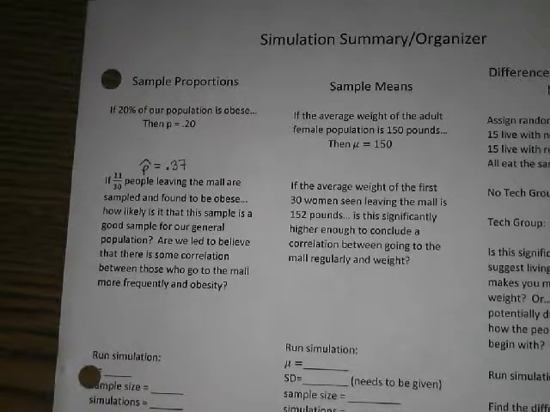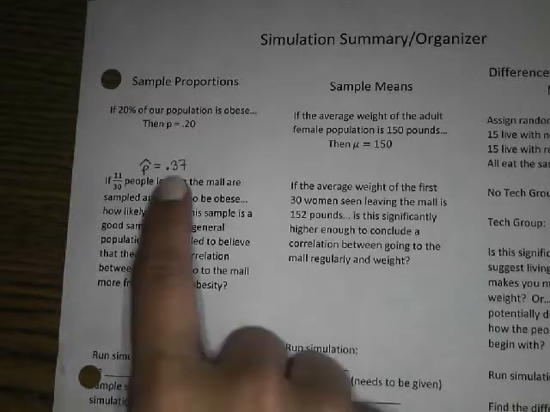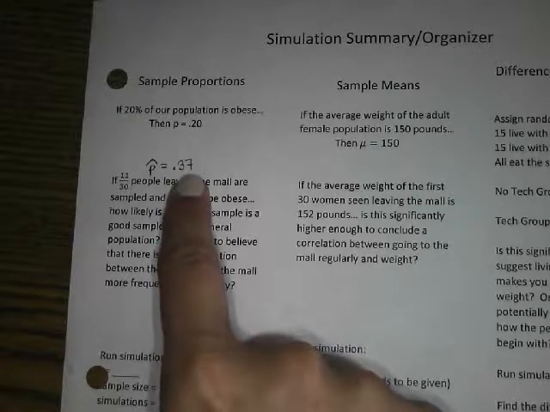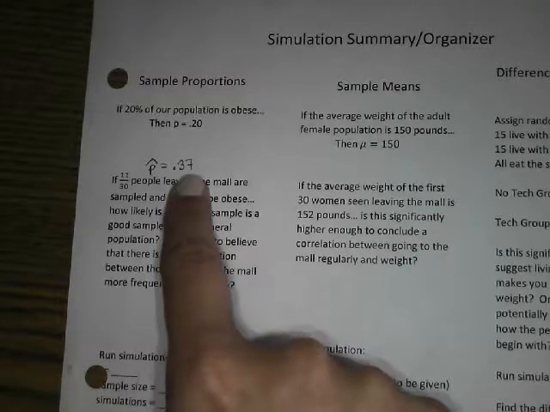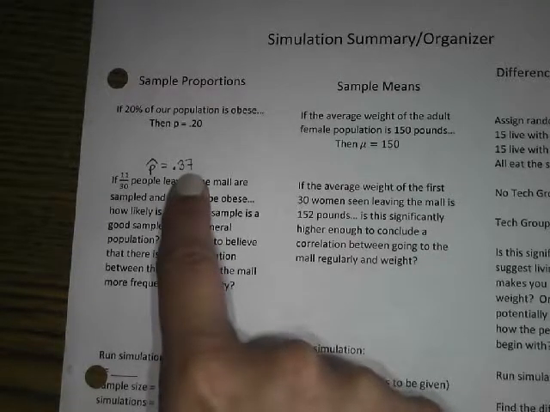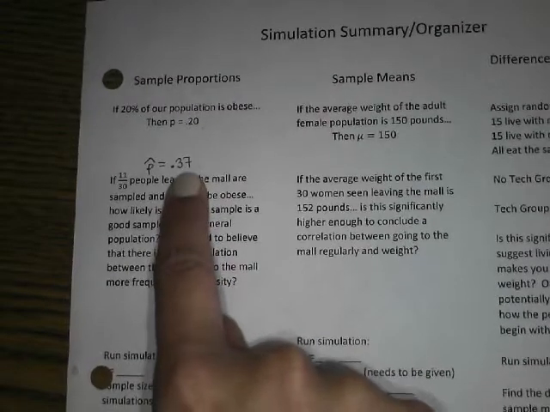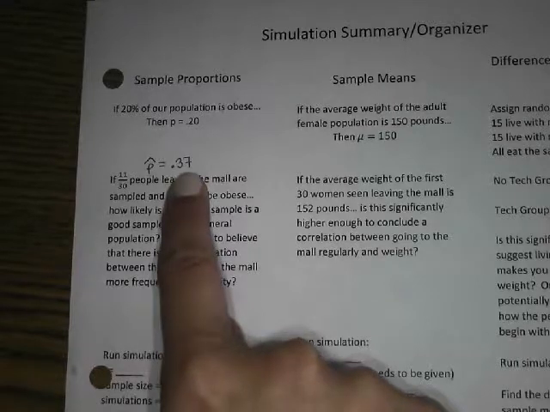I don't know. Okay? But this is where a simulation would come in. We would find out how likely it was, or how coincidental that 37% was likely to be. Was it coincidental, or was it due to causation, or correlation, we should say, rather? So that's the big question when you run a simulation.